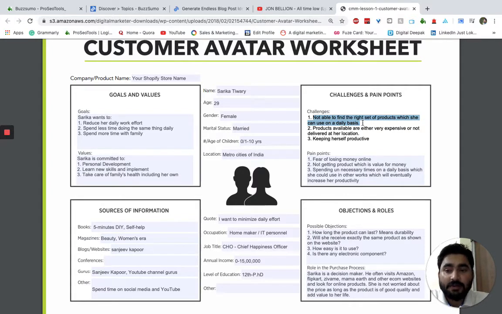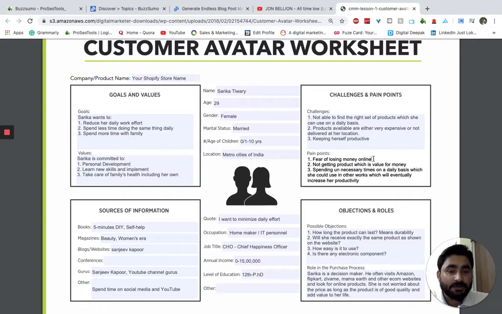If you land on their website and they mention that they are going to deliver their product, but you need to pay them online, it makes no sense for a new store to ask for an upfront amount and then dispatch the product. For that very reason, to compensate for this fear of losing money online, you as a store can offer a cash on delivery option.